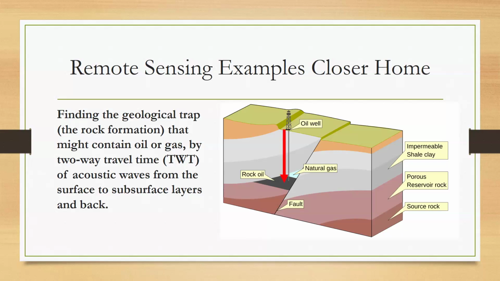The time it takes to return is an indication of the depth, since we know the speed of the wave. That way, we can measure how far away some rocks or bedrocks are beneath the ground.